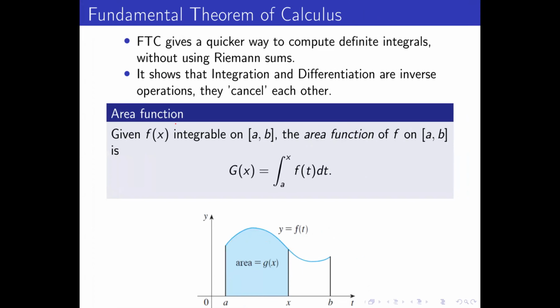So first we define something called the area function. Suppose f is integrable on the interval a, b. Then we saw earlier that for any x inside a, b, f is also integrable on a, x. So if it's integrable on an interval, then it's also integrable on a smaller interval. And then you define this function capital G of x to be the integral of f from a to x.